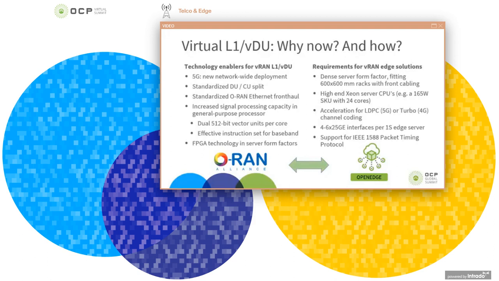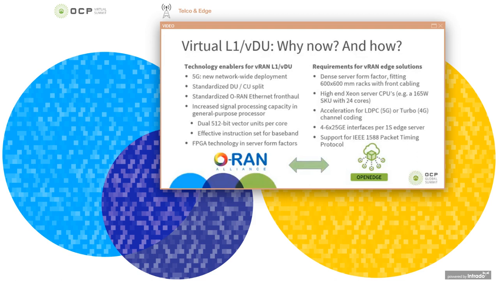Next, 3GPP has standardized the DU-CU split, which allows distributing only the real-time sensitive parts of the 5G base station and centralizing the rest. In addition, O-RAN has standardized the interface from baseband to radio head using Ethernet-based protocols and allowing baseband to be implemented using standard general-purpose server components.